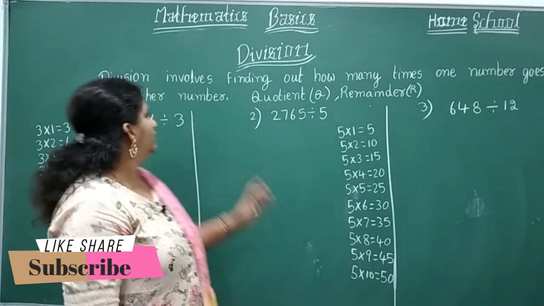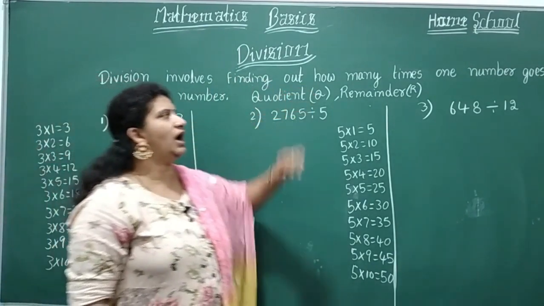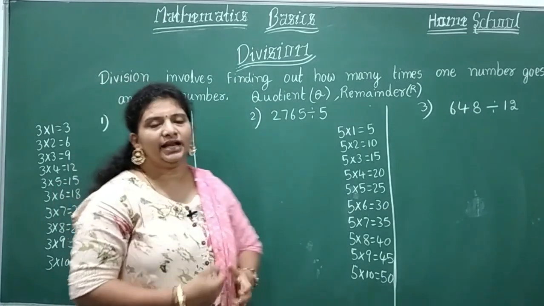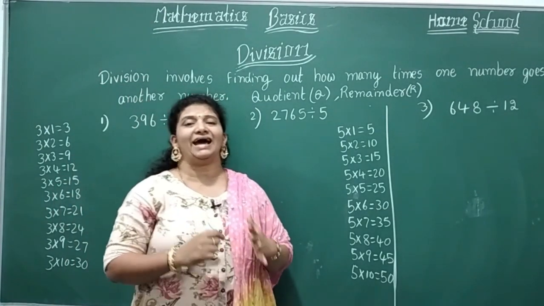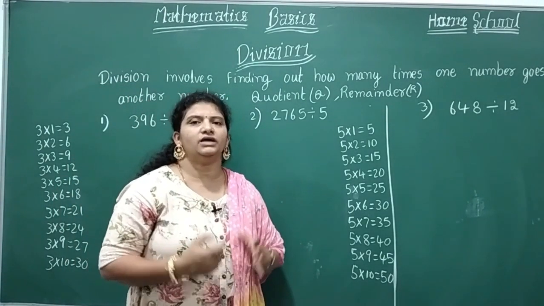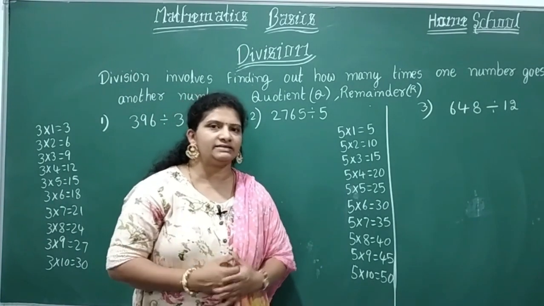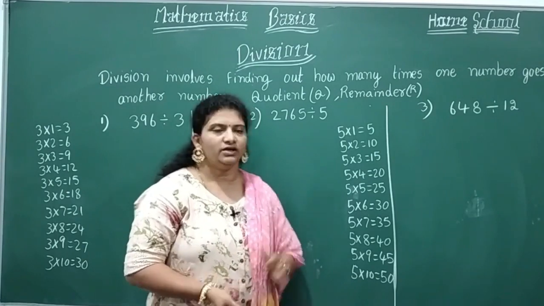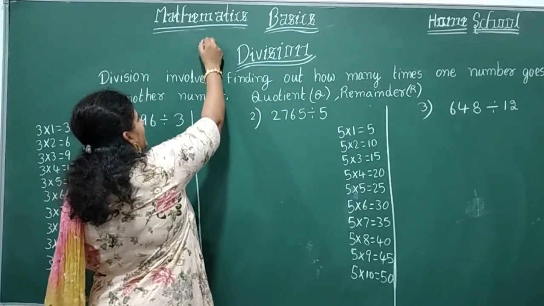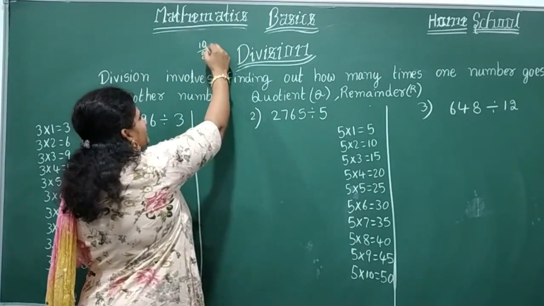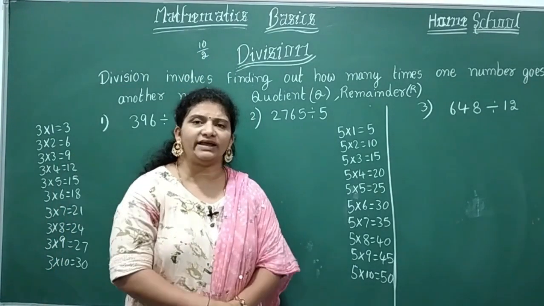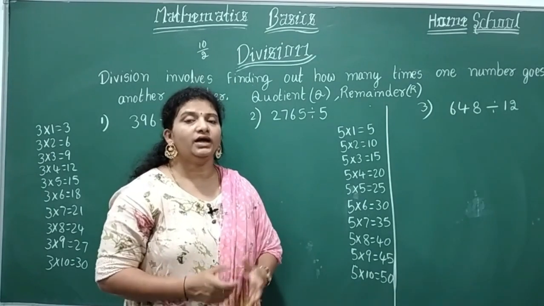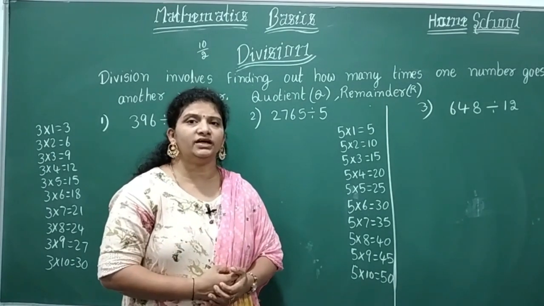Let us see here. Division involves finding out how many times one number goes into another number. Let's see one example, children. Suppose I have 10 chocolates and I need to give them to 2 children. So 5 for one child and 5 for another child. But how do you do division here?